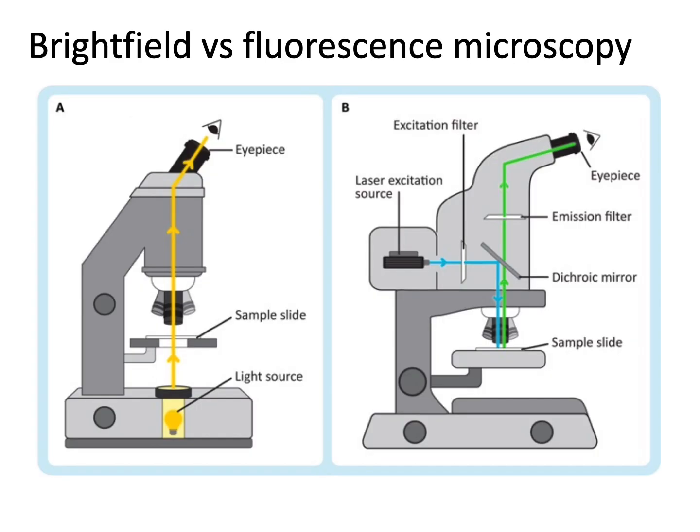Comparing bright field and fluorescence microscopy, to the left is bright field. You'll notice that there's a light source on the bottom. It goes through your very thin sample and then up towards the eyepiece. And we talked about how different objectives can be used to get increasing magnification and resolution.